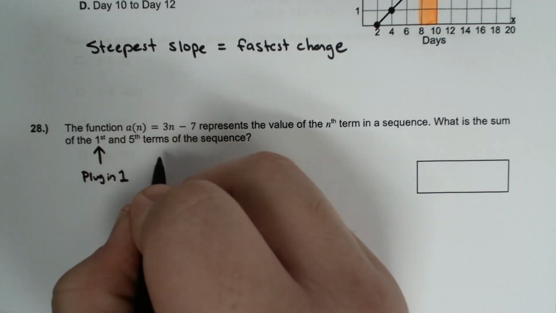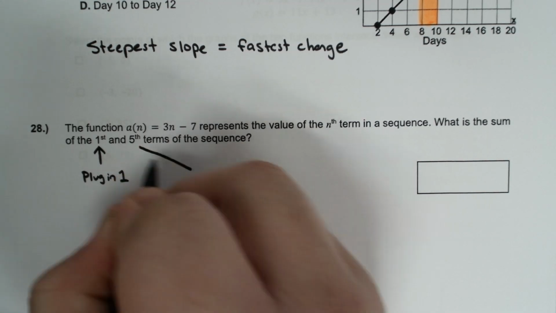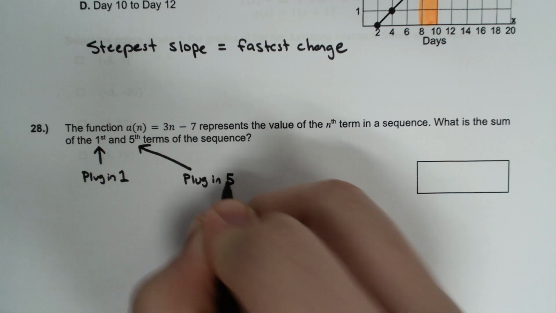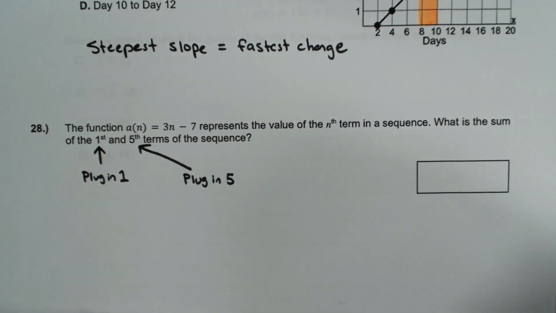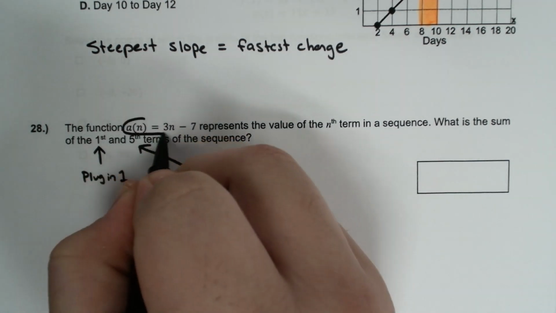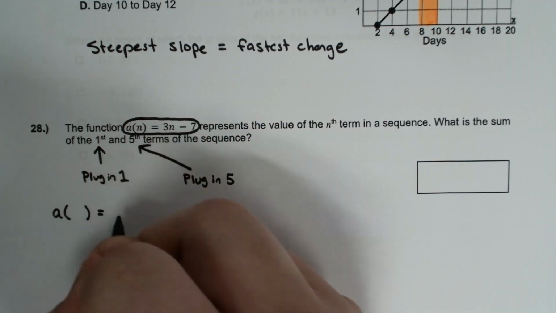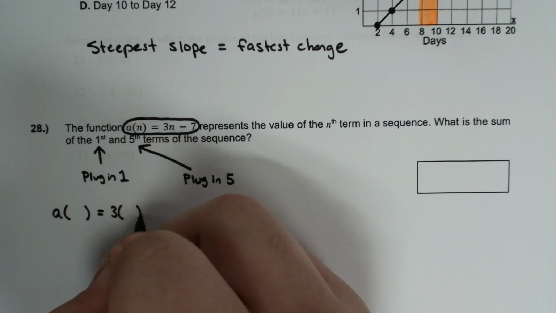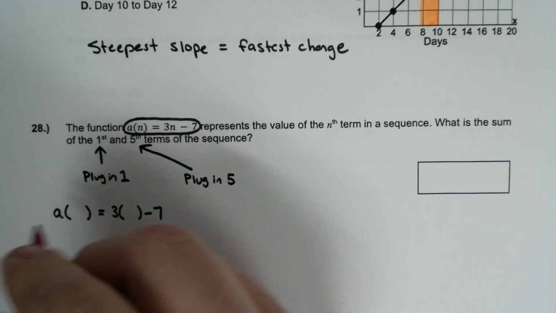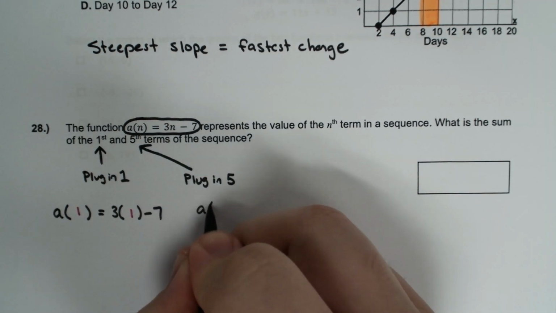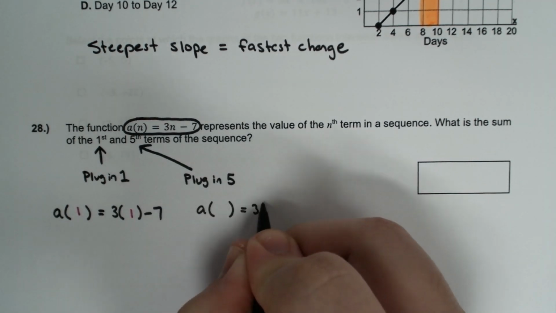If I want the fifth term, I'm going to plug in 5. I'm going to plug them in to this little formula right here. So a of 1 equals 3 times 1 minus 7. And then a of 5 is 3 times 5 minus 7.